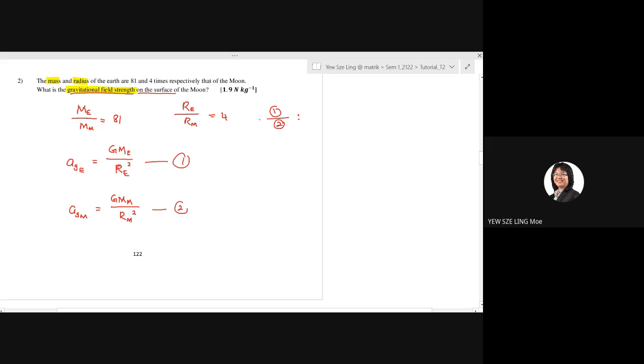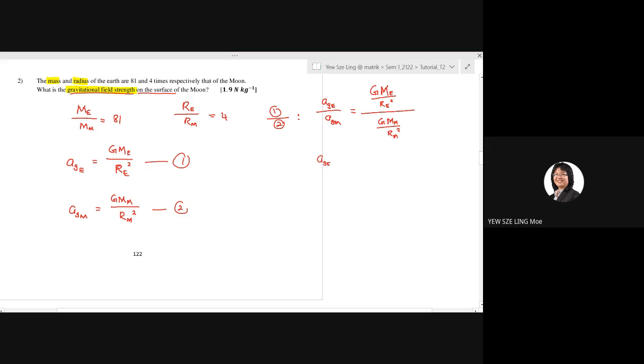So now I have AGE divided by AGM equals G ME over RE squared divided by G MM over RM squared.